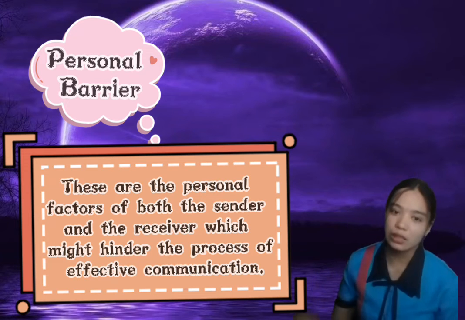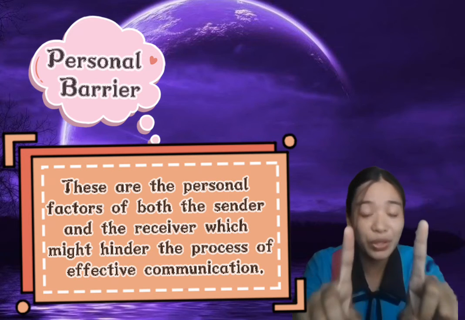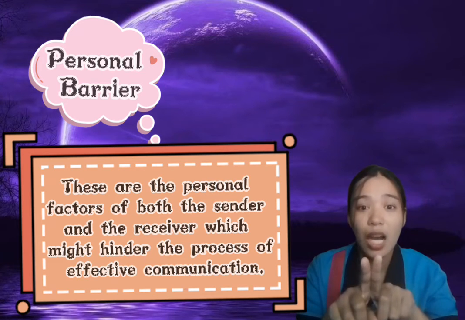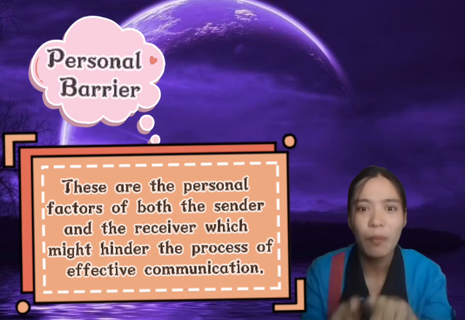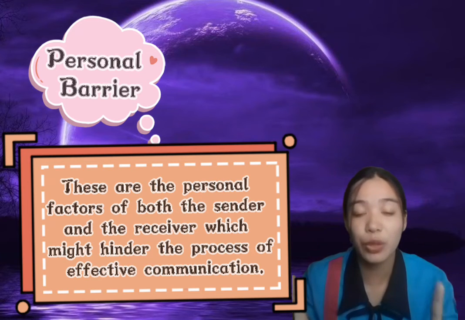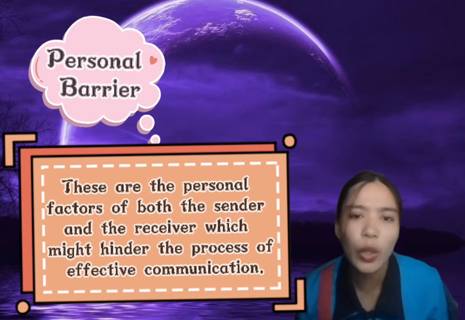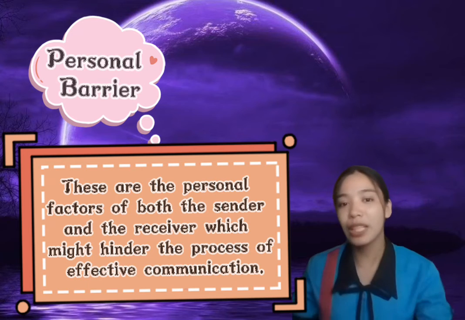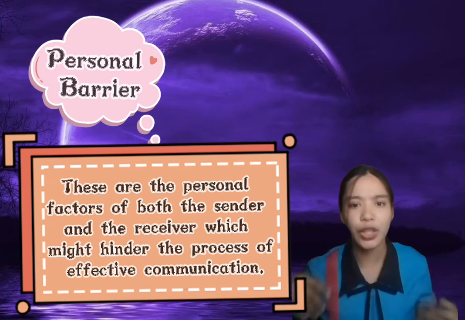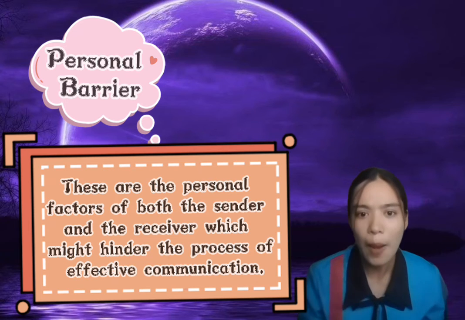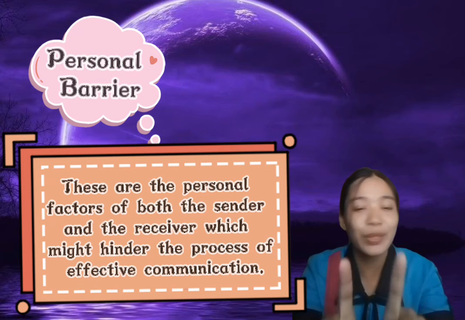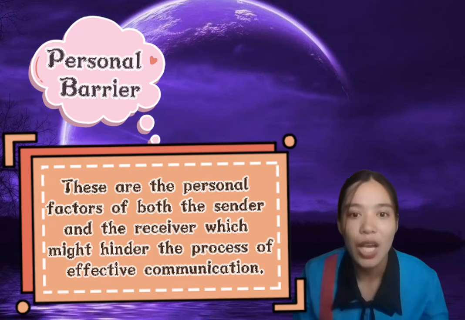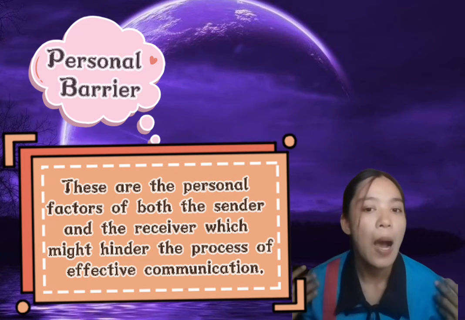For example, if these two persons had an argument before they started the conversation, even if the information is delivered and the gestures of the sender are well understood, if they have a personal issue, they could not understand the information well because of their emotional or psychological state.